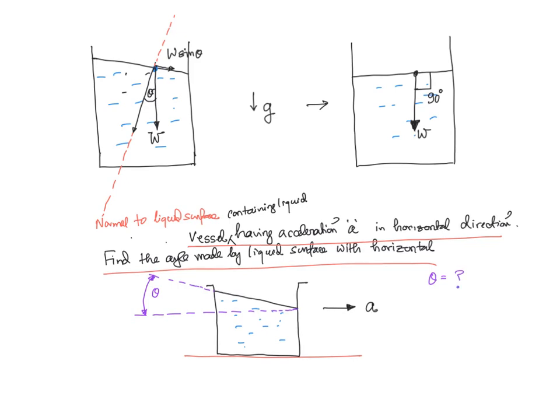Again the same thing will work here: liquids cannot tolerate shear stress or shear force. So the surface of the liquid will be such that there will be no component of shear force, as it was in the earlier case. See, liquid could not tolerate W sin theta, so it chose to have a surface like this, so that there is no W sin theta, no component parallel to the surface.